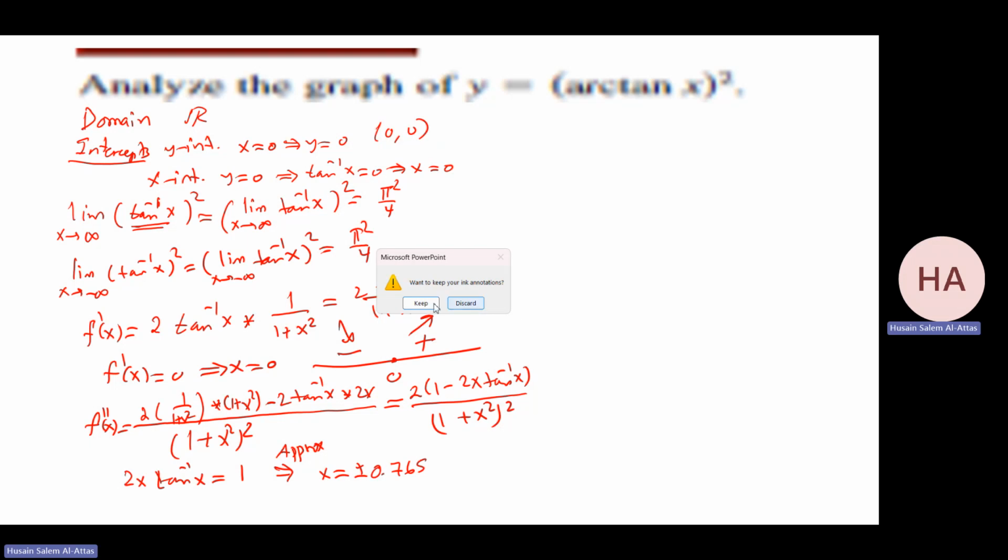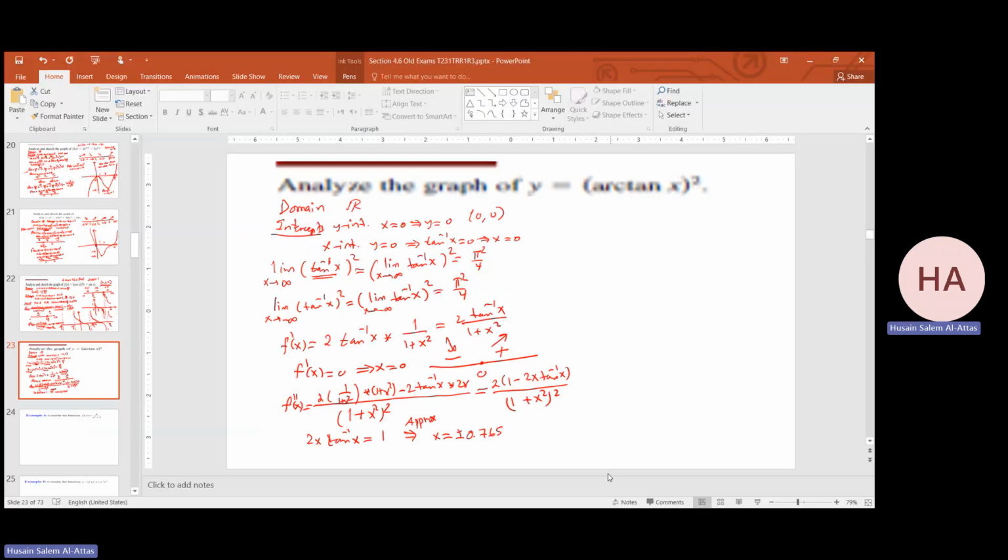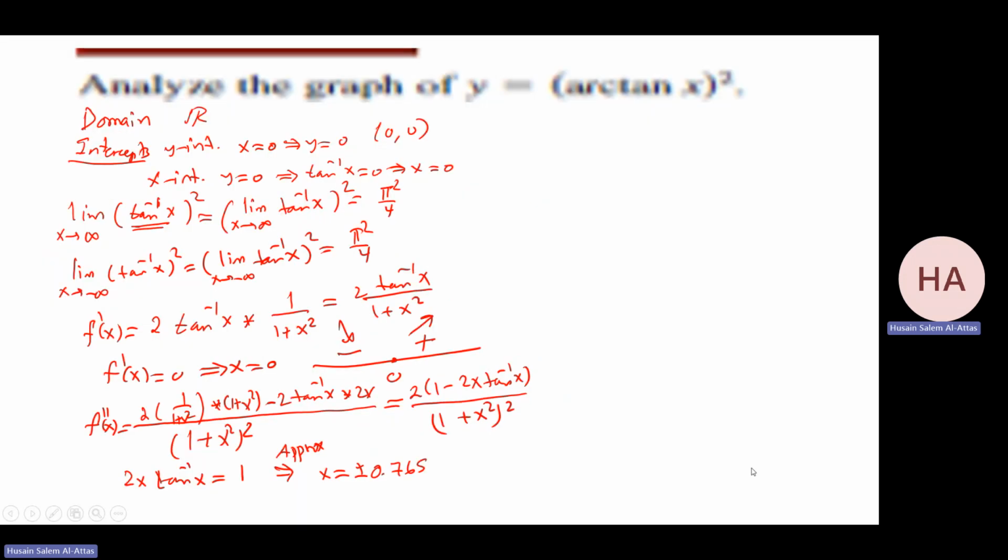We cannot do it without the calculator. Let me double check. 0.765, yes. So I need to check two values, and I will put them.